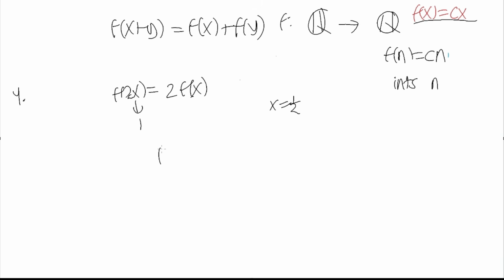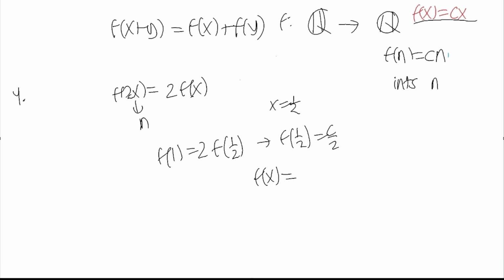Then we have f(1) = 2f(1/2), or f(1/2) = c/2. So now we've shown that f(x) = cx for a non-integer. And that means that we have something special as well. If we keep generalizing this so that we have an integer n, we have f(n/2) = cn/2.